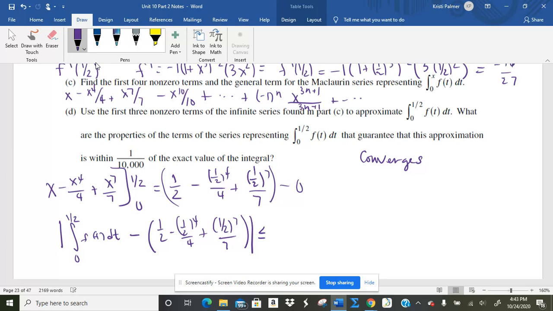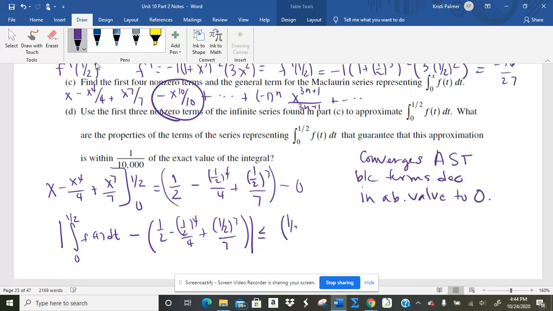So is this an alternating series test, or is this the Lagrange error bound? So I can see that these terms alternate, and in fact, this is going to converge by the alternating series test because the terms decrease in absolute value to 0. So I could actually just go to that next term and say, I know that that is going to be less than the next term, and this is the alternating series error bound.